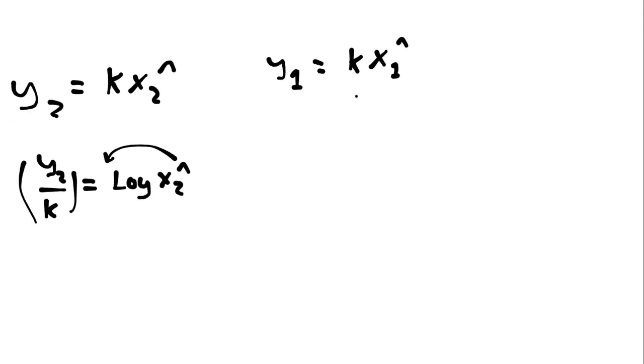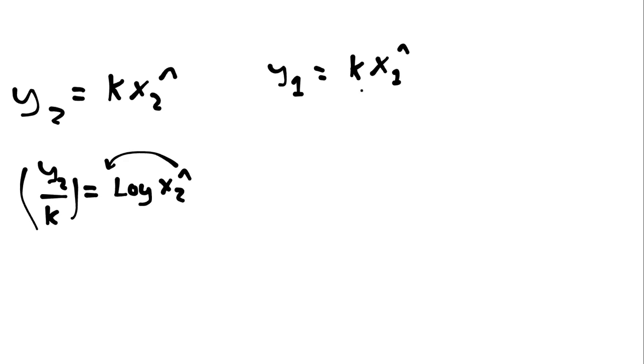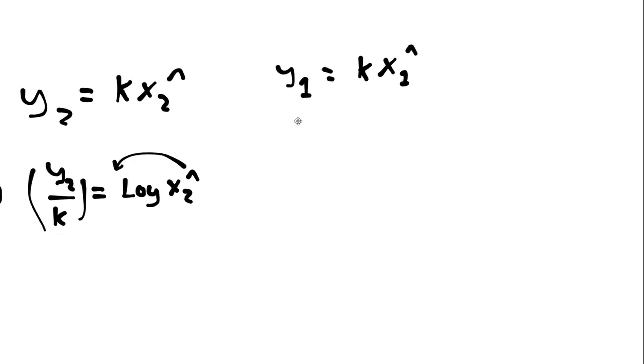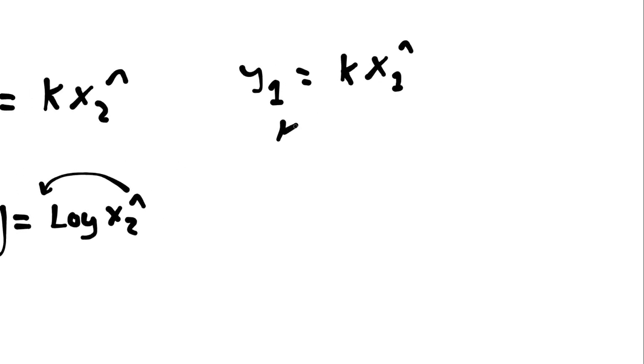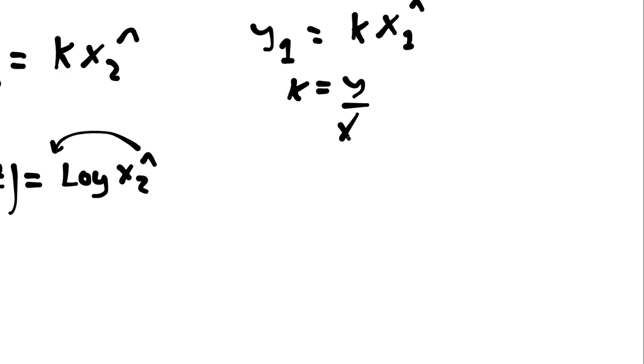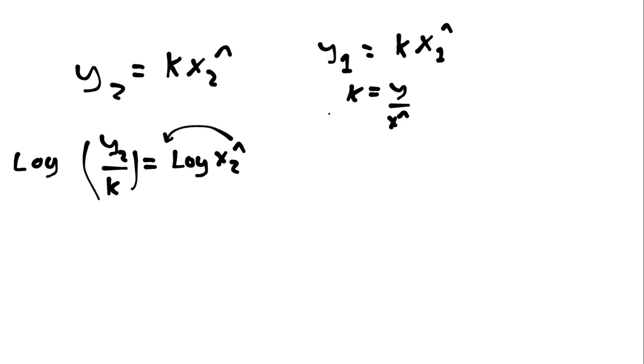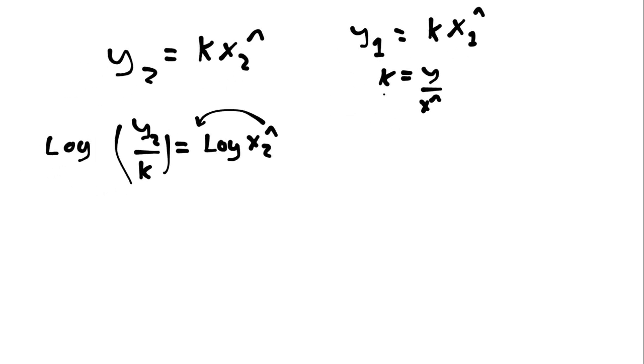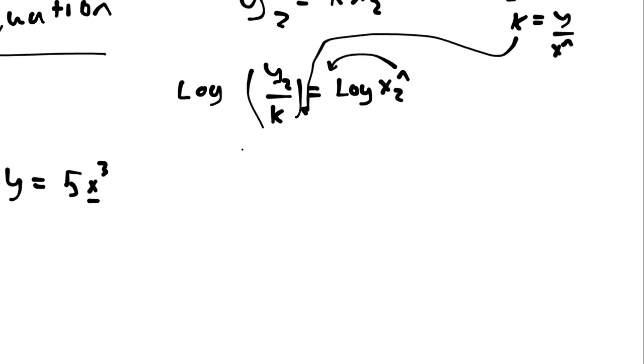Now in this one over here, you're going to bring k to one side, so it's going to be k equals y, I'm not going to say y1, over x to the power of n. And then you're going to replace k in here, to show what that looks like.